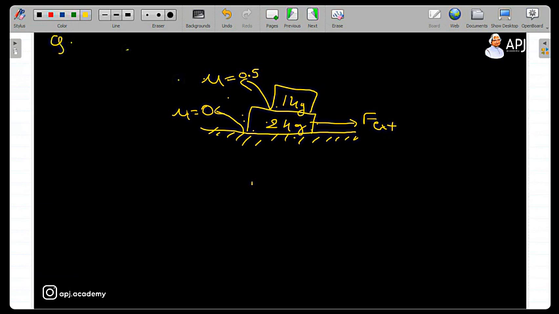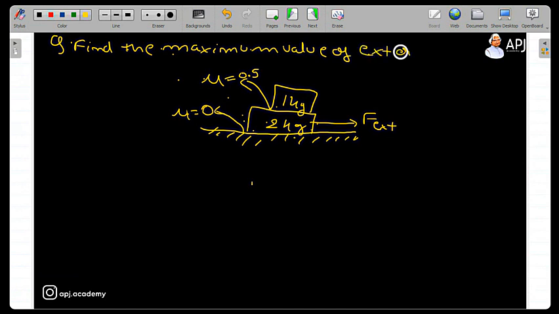The question simply says find the maximum. You have to calculate the maximum value of external force. ये बहुत सिंपल क्वेश्चन है डबल ब्लॉक प्रॉब्लम में एक्सटर्नल फोर्स के. एक सरफेस मैंने आपको स्मूथ दिया है, वन सरफेस गिवन टू इज स्मूथ, म्यू इज इक्वल्स टू 0 मींस व्हाट, that the surface is smooth, there is no friction present between the ground and 2 kg block.